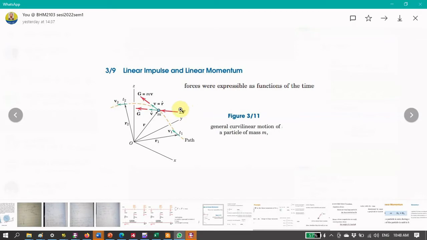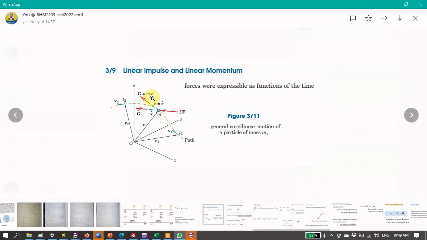The author here, Professor Meriam, when he developed the equations, based them on the Cartesian coordinate system, and the particle has a velocity, and then you can see that there is a symbol G there, which represents the linear momentum, defined by the mass times the resultant velocity.